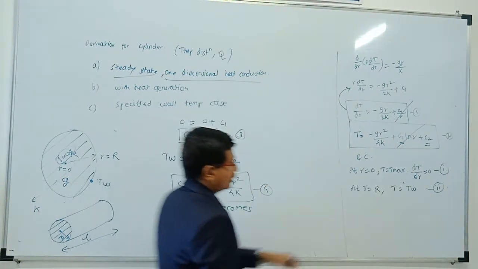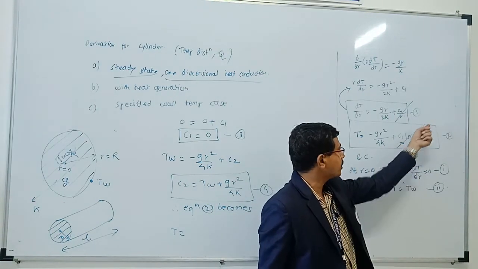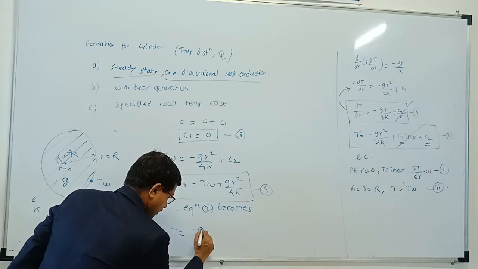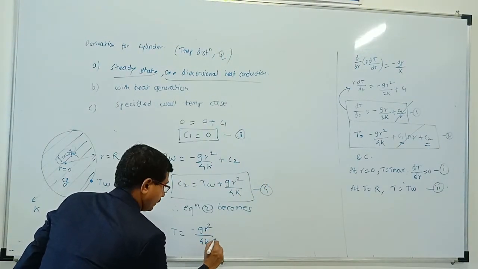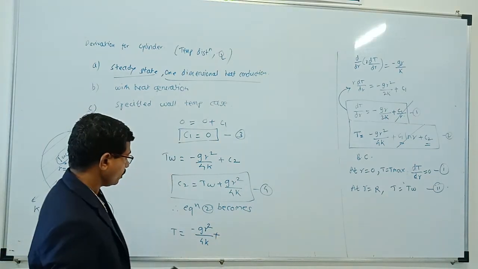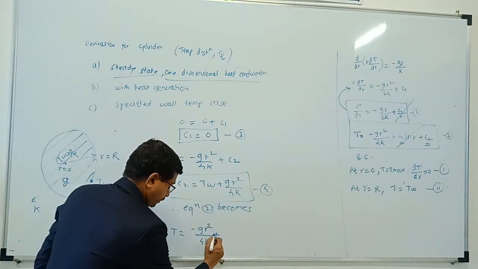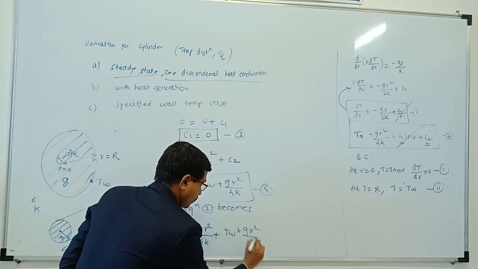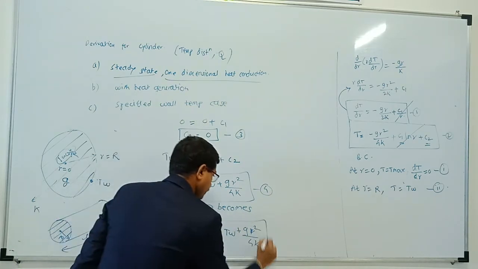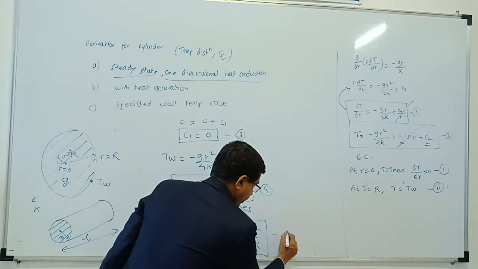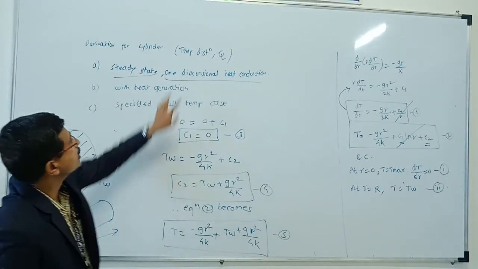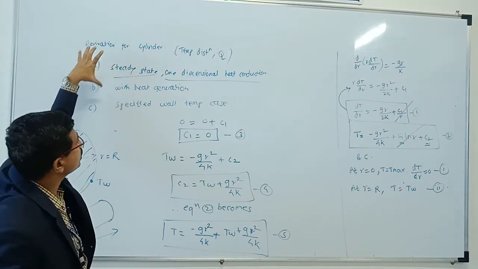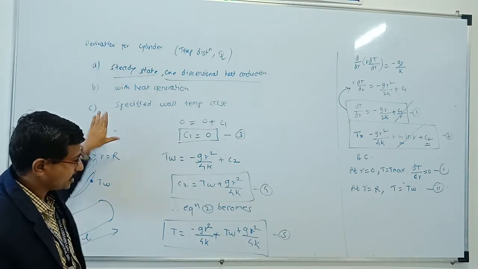Okay, तो सेकंड टर्म तो ऑलरेडी यही है क्योंकि C1 का वैल्यू 0 है, कैंसिल. ओनली दो टर्म बाकी है, फर्स्ट एंड थर्ड. सो माइनस GR स्क्वायर बाय 4K प्लस C2. व्हाट इज C2? यहाँ आया है इक्वेशन 4 प्लस TW प्लस GR स्क्वायर बाय 4K. एंड दिस इज द एक्सप्रेशन. Let us say number 5, which gives the temperature distribution, in a not slab. It is a case of cylinder, in a solid cylinder with these three conditions.